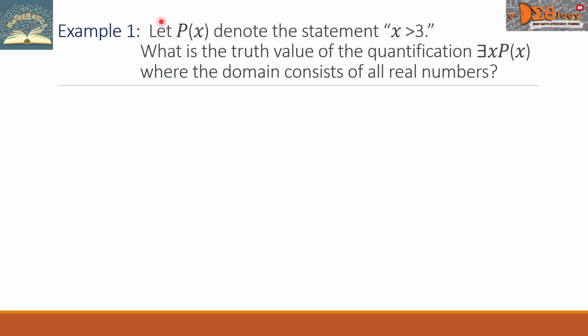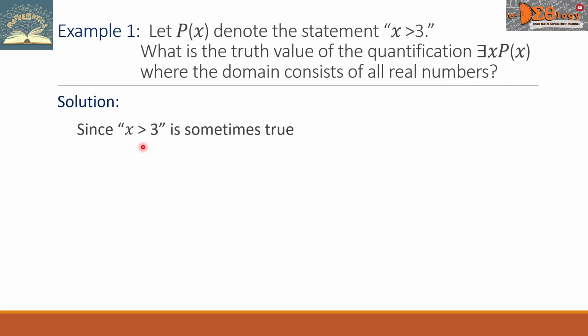Example 1. Let p of x denote the statement x is greater than 3. What is the truth value of the quantification for some x p of x, where the domain consists of all real numbers?